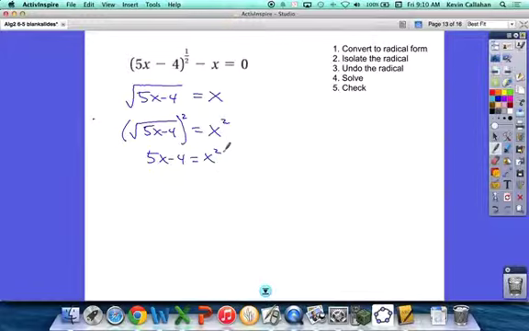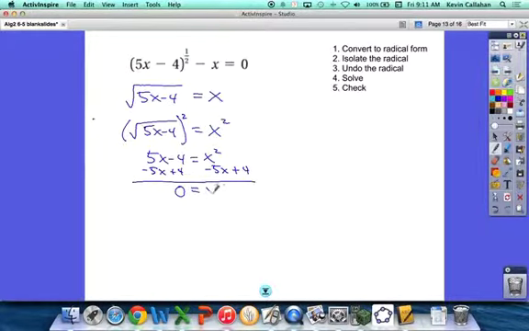Again, what kind of equation do we have to solve? Quadratic. How are we going to solve it? Not sure. Let's get everything on one side, 0 on the other, and see whether that provides any clues. Let me subtract 5x and add 4 to both sides so that I've got a 0 on this side.